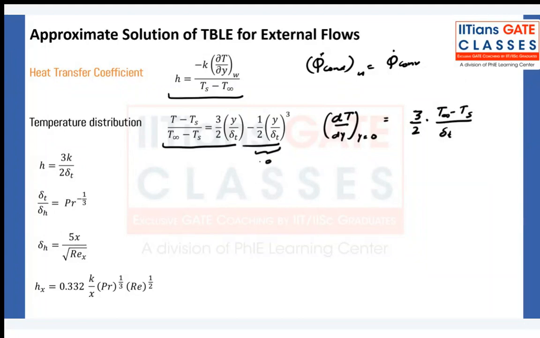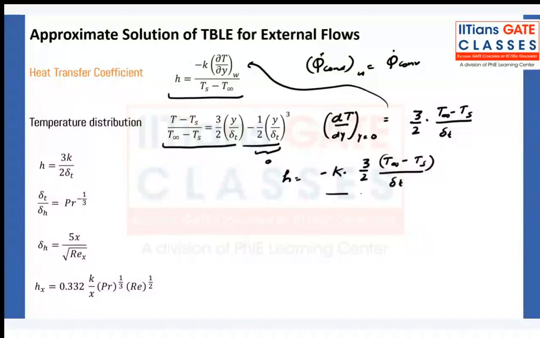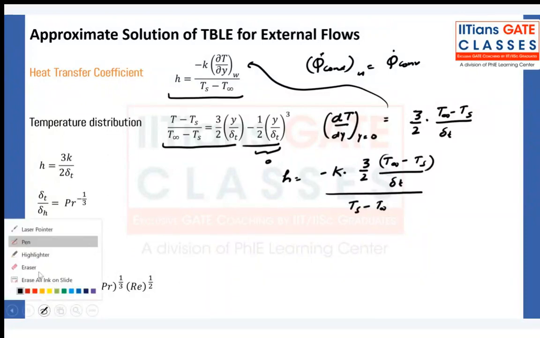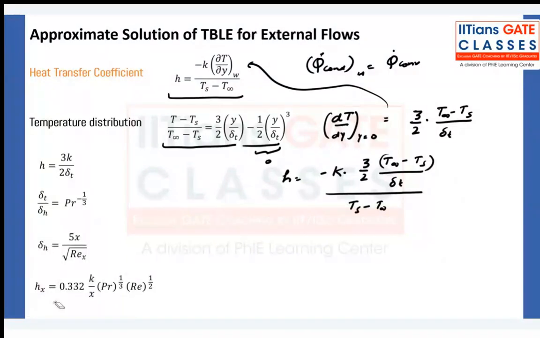Now I can substitute this here. So h equals minus k times 3 by 2 T infinity minus Ts by thermal boundary layer upon Ts minus T infinity. Now let me put it positive and let me swap the temperature values.